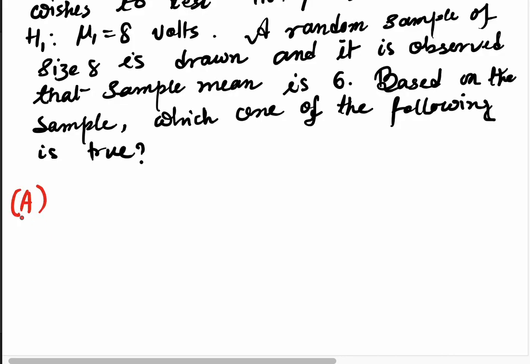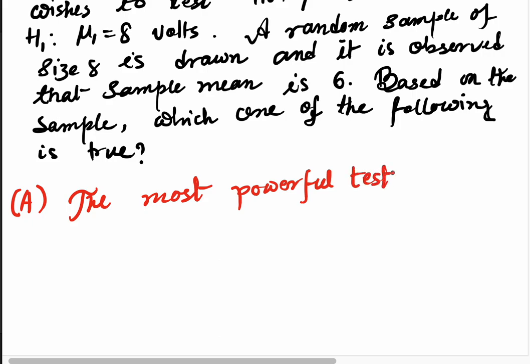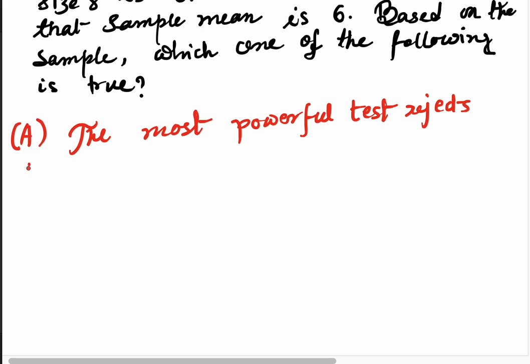A, the most powerful test rejects H0 at level 0.05.